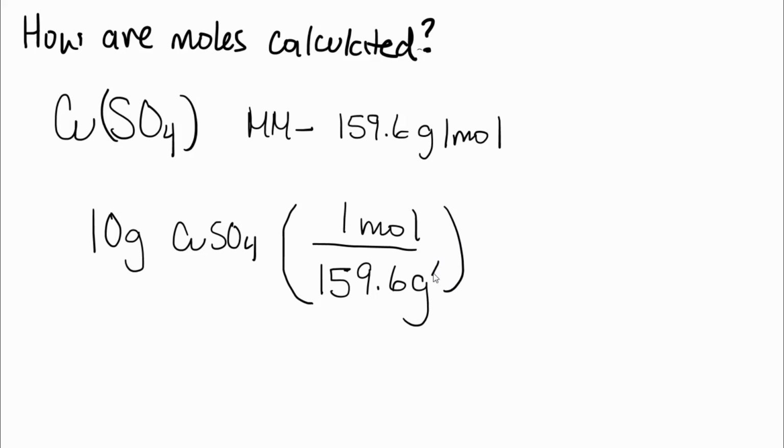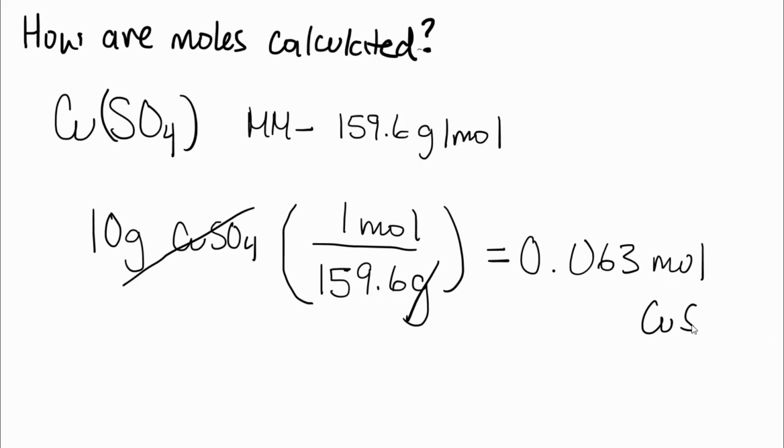So here, grams of copper sulfate will cancel on both sides, and you'll just be left with moles. So this is 10 divided by 159.6, which comes out to be 0.063 moles of copper sulfate. So that's actually how moles are calculated.